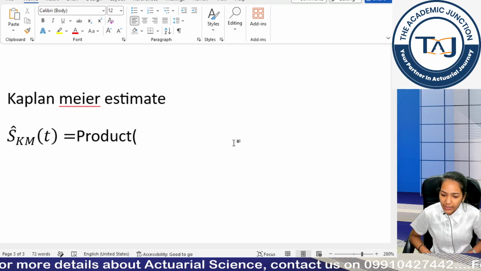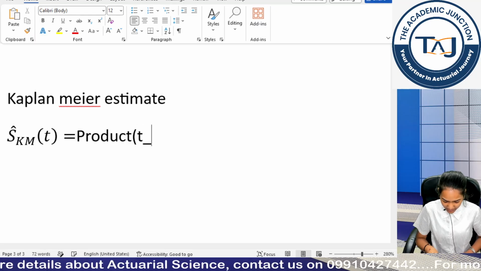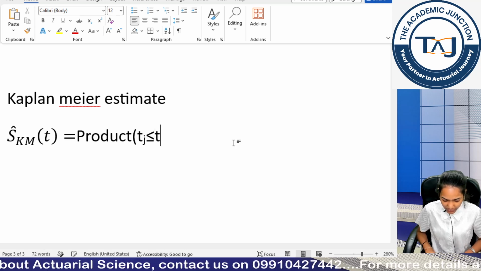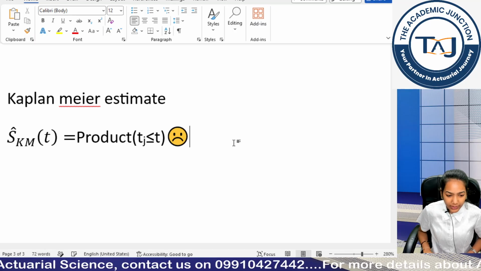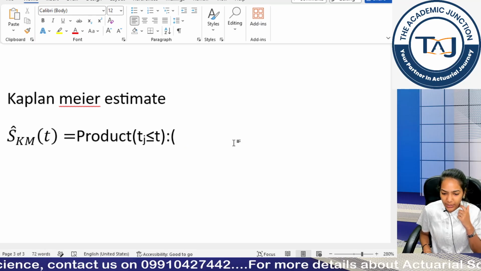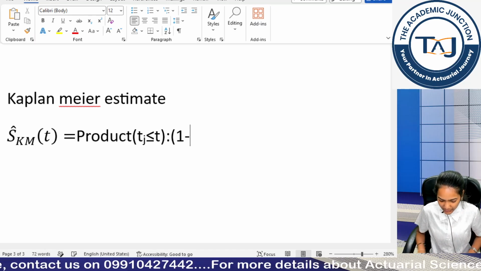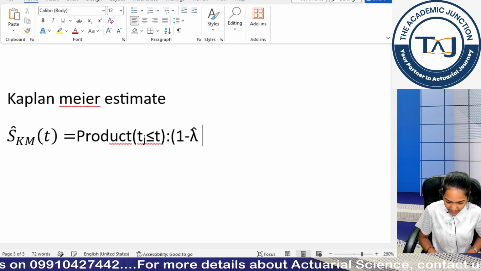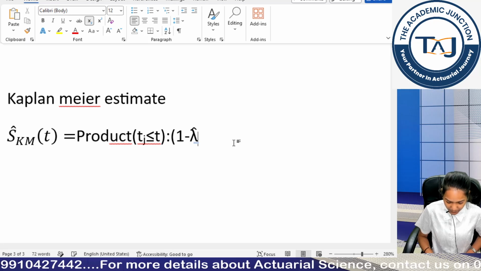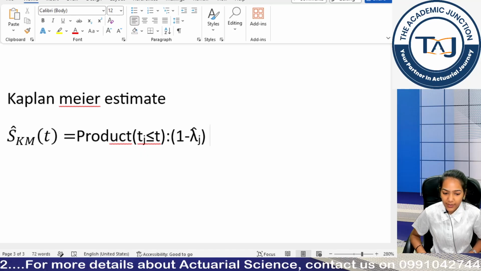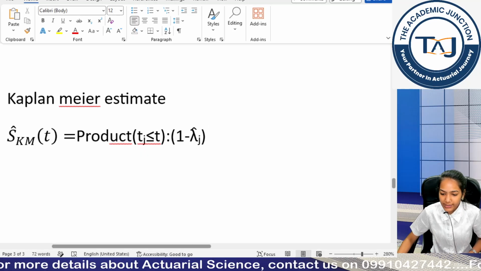So we have just under limit, right? So we will write Tj is less than equal to t, right, and we have this sign. What we have in this sign is 1 minus small lambda hat j. So 1 minus lambda, I can write hat here as well and I have to write j, so j brackets closed. So this is the formula, okay, guys.